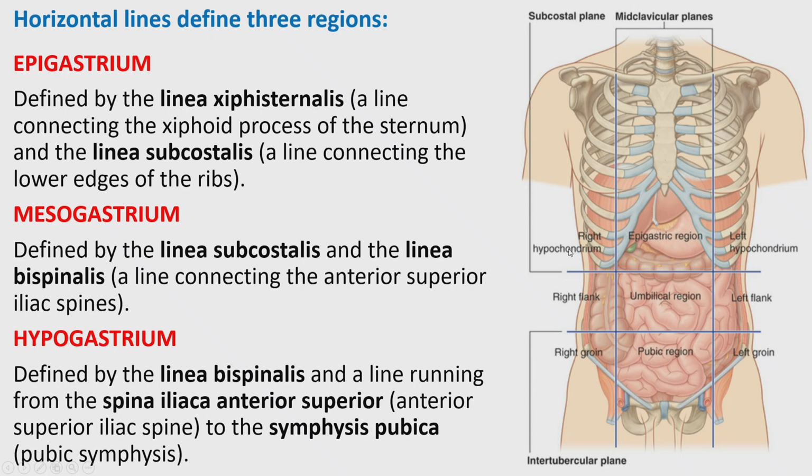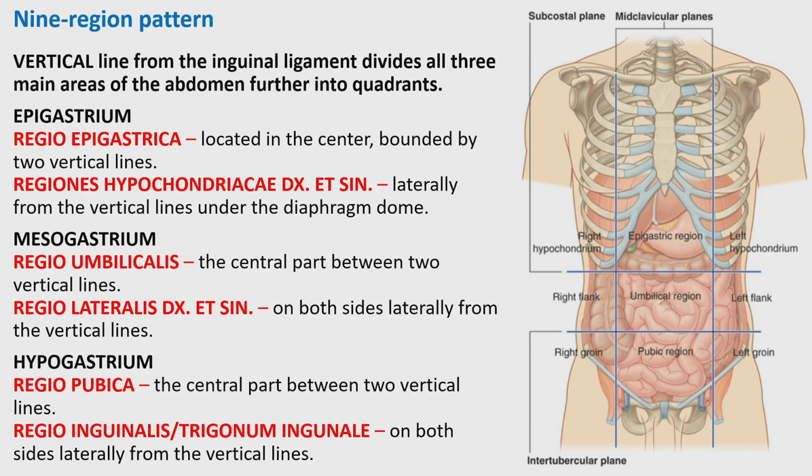Generally, the upper region is called epigastrium, the middle region is called mesogastrium, and the lower region is called hypogastrium. The epigastrium, mesogastrium, and hypogastrium are further divided into middle and lateral sides.